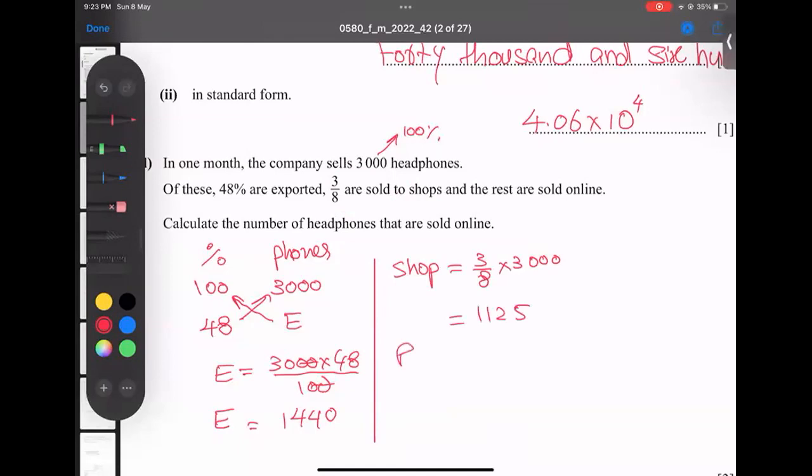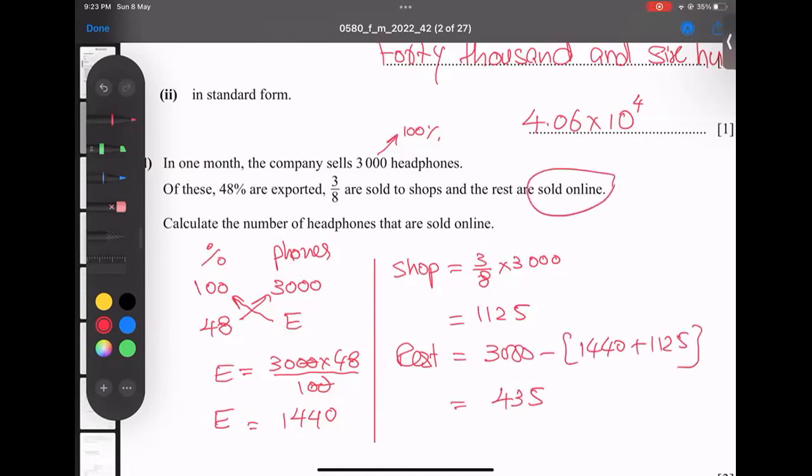How many are left? So the rest: from 3,000, subtract this and subtract this together. So it means 3,000 subtract 1440 plus 1125. If you check it, it becomes 435 left behind, which is called online sold because it is the rest. So online sold.